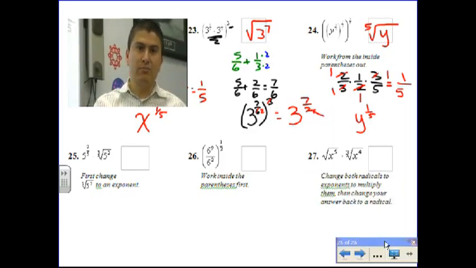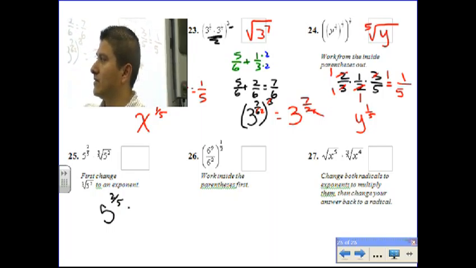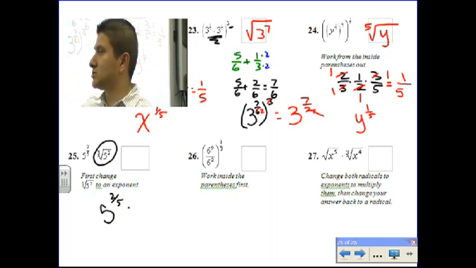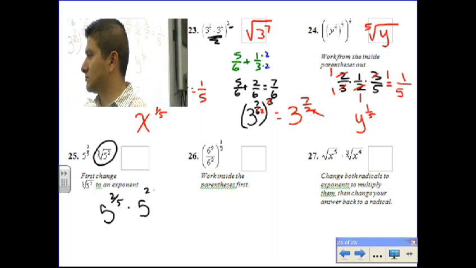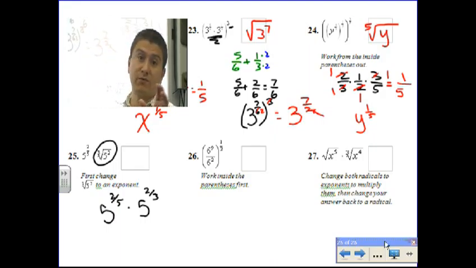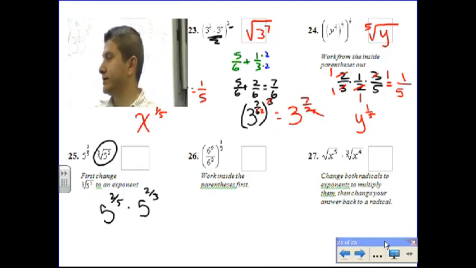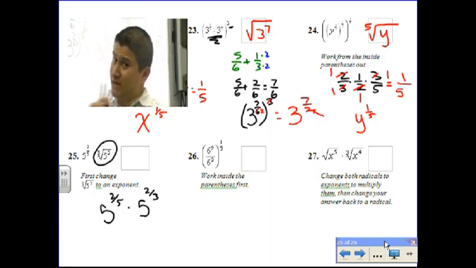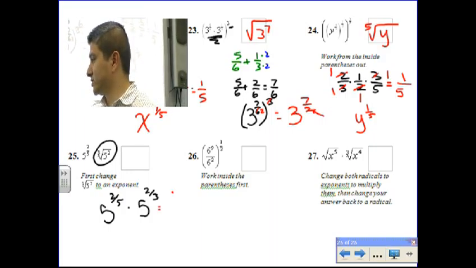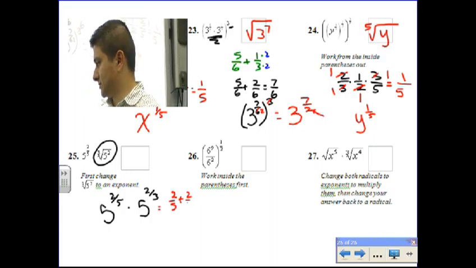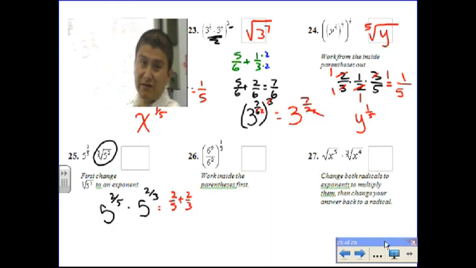Ready for this? Number 25. You have 5 to the 2/5, and then I'm going to switch this so that it looks more like this. Okay, so I changed it from a radical to exponential form. I need to add those powers. 2/5 plus 2/3. But I need a common denominator between 5 and 3.